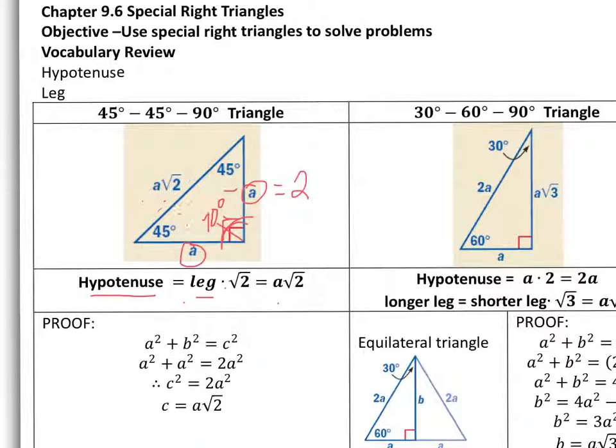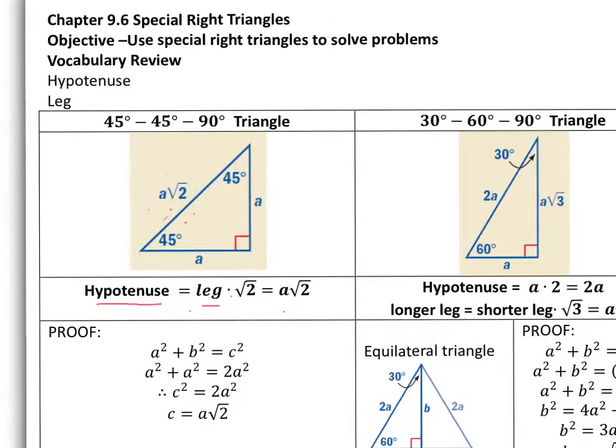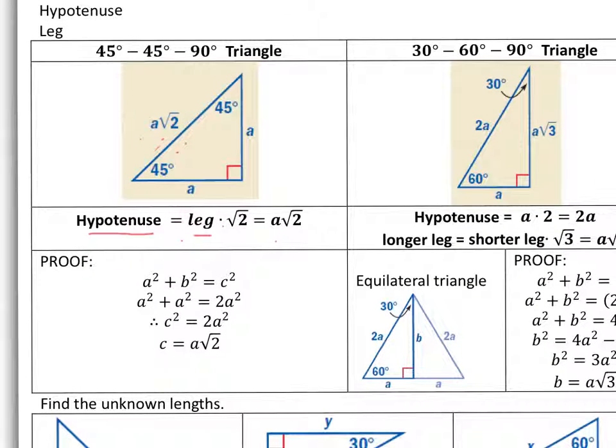Now I will prove why this is true. Remember that according to the Pythagorean theorem, a squared plus b squared equals c squared. And this triangle we have here has two sides with the same length, so I can simply let a equal b.